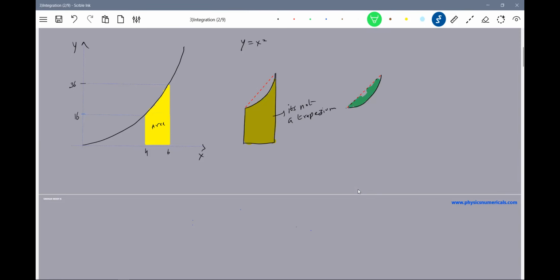Have patience. If you add this particular area, this yellow one, then it will become a trapezium. But definitely it's not a trapezium. So how do we find out this area?